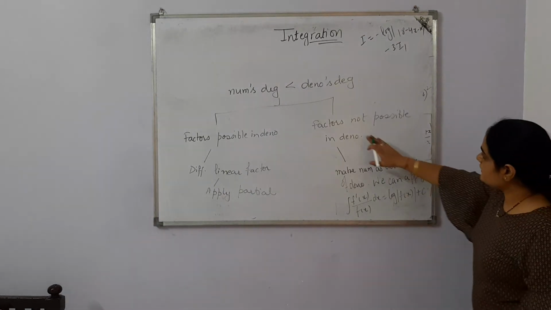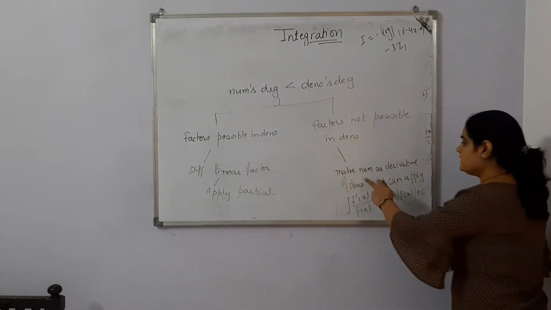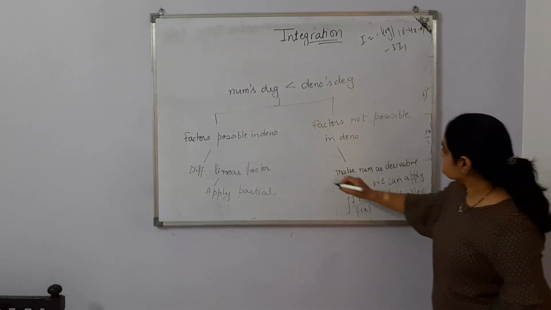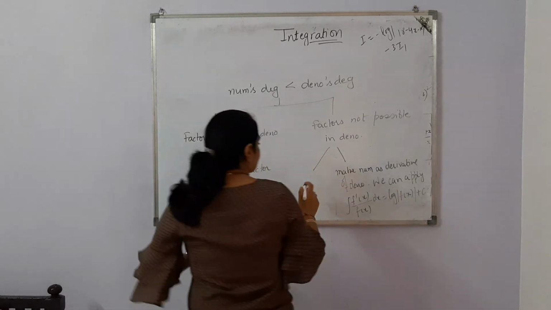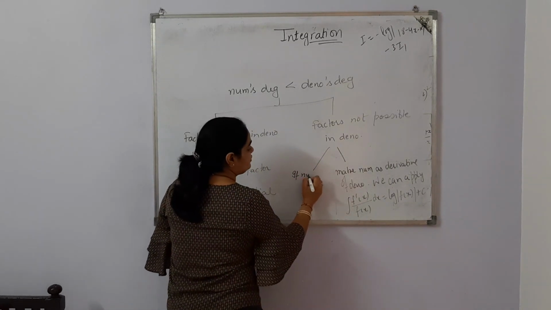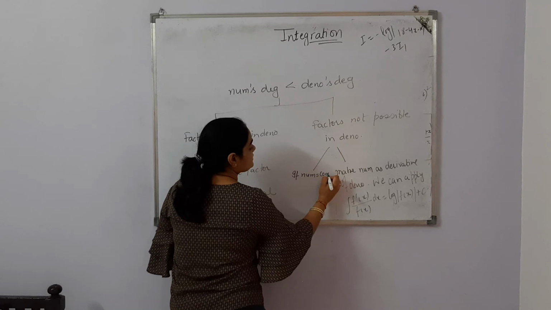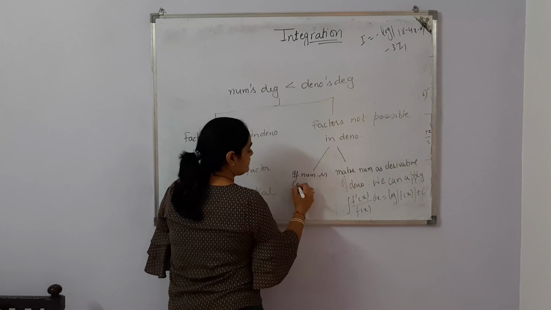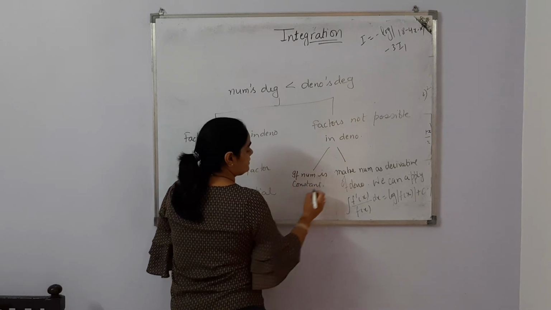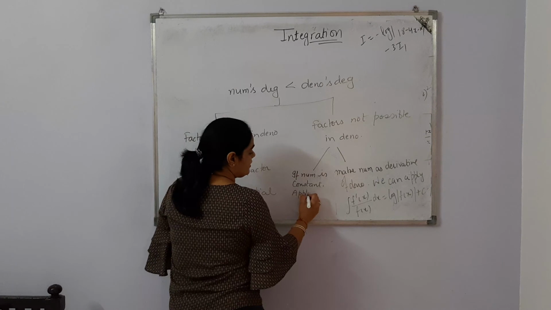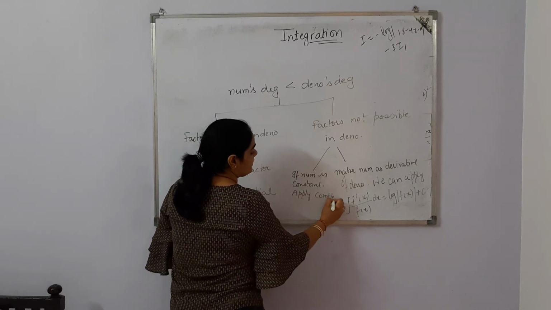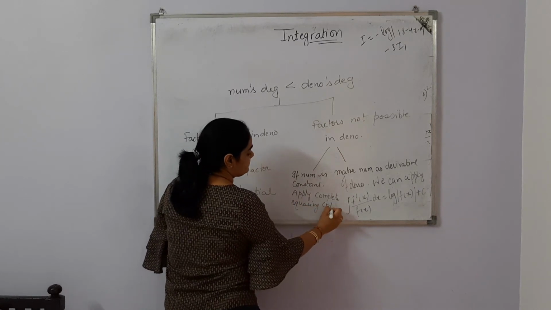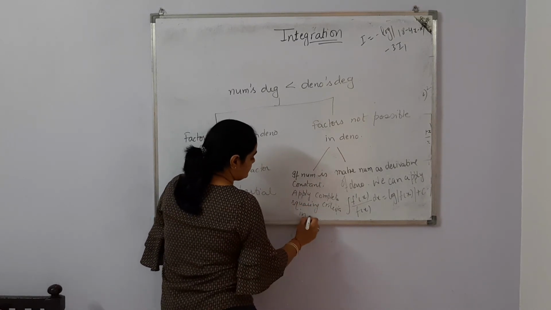This is only for when factors are not possible in the denominator: make the numerator the derivative of the denominator, and we can apply this. If the numerator is constant, then apply the complete the square criteria in the denominator.